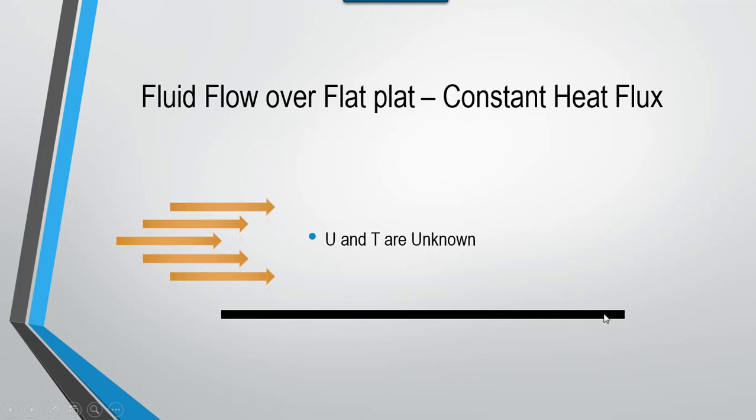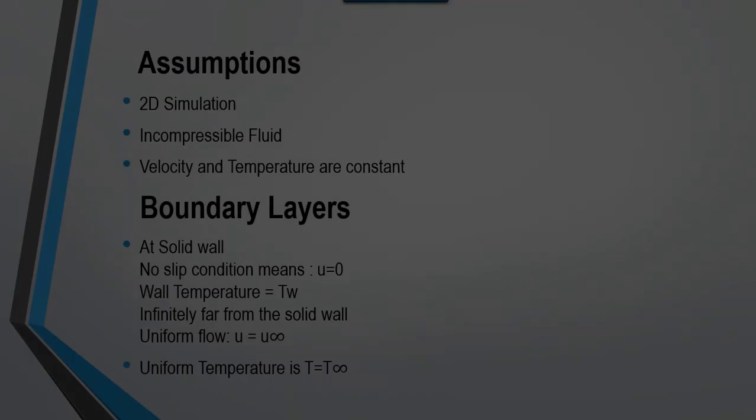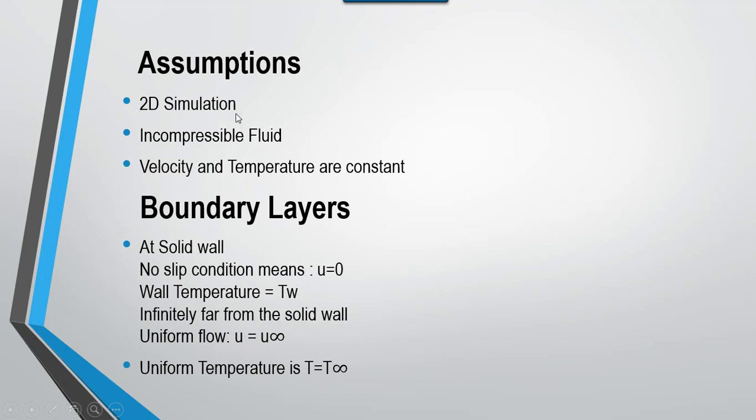For this case of flow, it can be assumed with a good approximation that the solution area is two-dimensional and the density is incompressible. Also, the flow is steady, and the velocity and temperature of the far-field variables will not change over time.